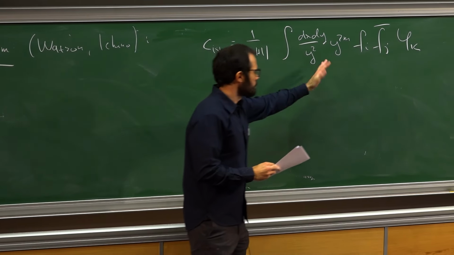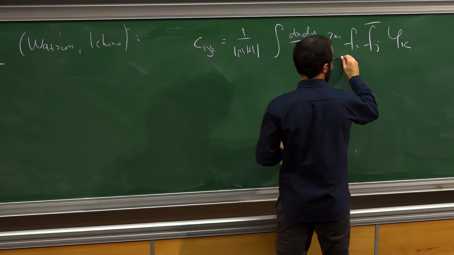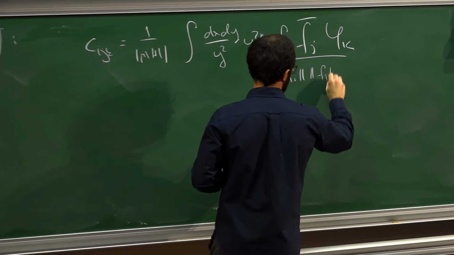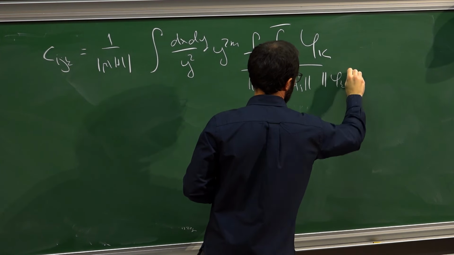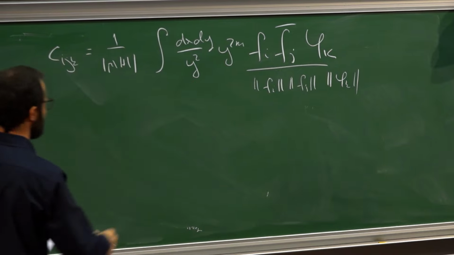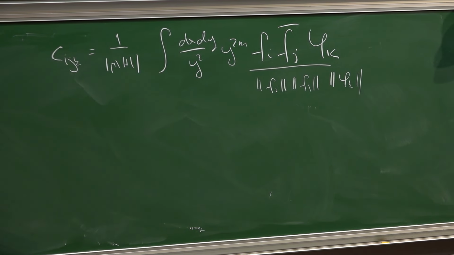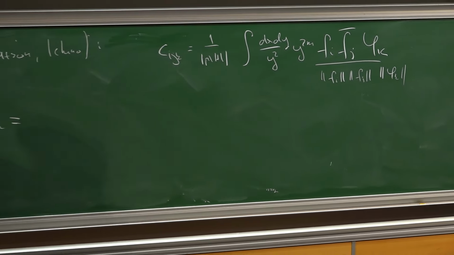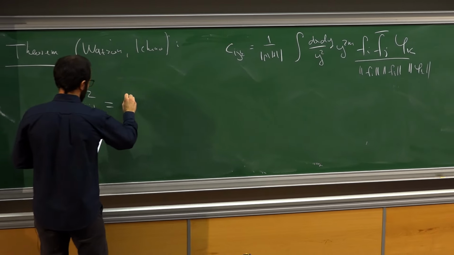Here I'm assuming that they are normalized, so let's do f_i. If we normalize everything, then there's a formula for C_ijk squared in terms of these L functions that I defined before.